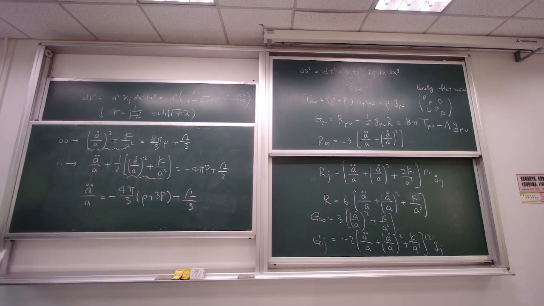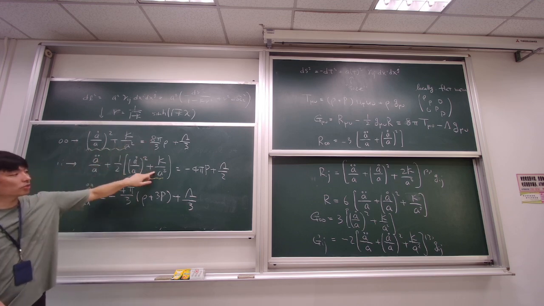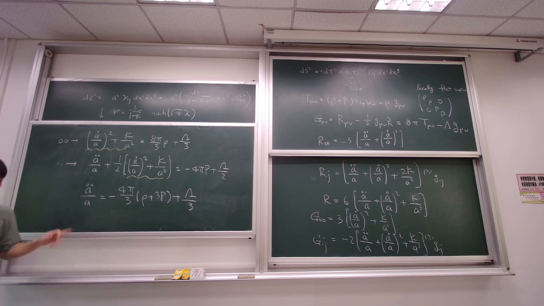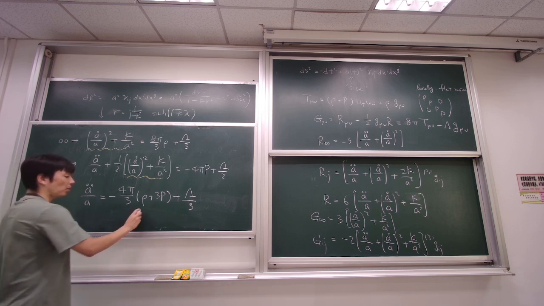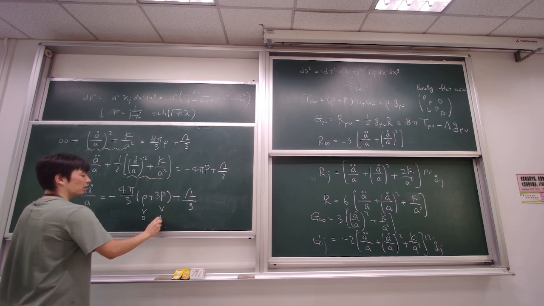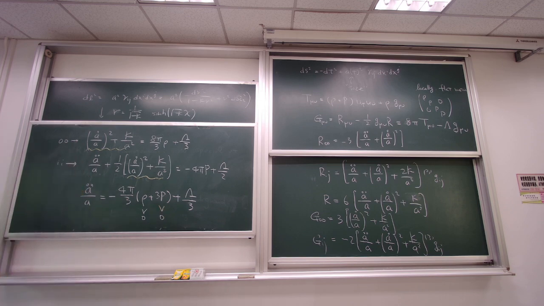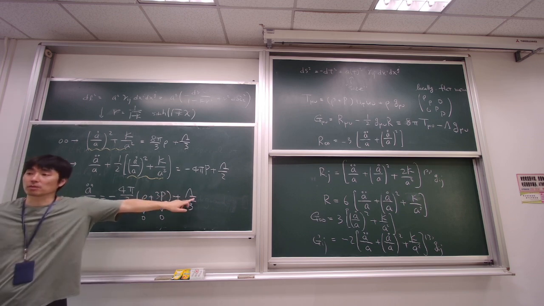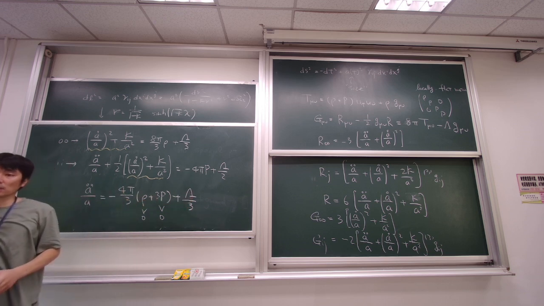Okay, so if you plug this one into here to eliminate A dot, you get this one. And to get an accelerating universe, A double dot is positive, so Lambda has to be positive. Okay, so that's the case.